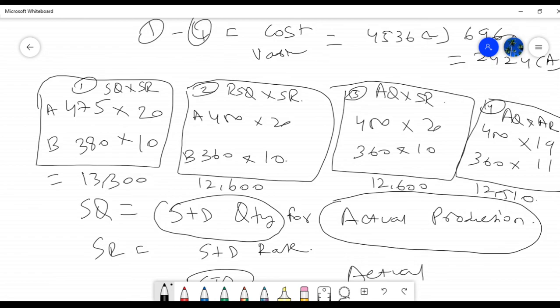And there is one more problem. Please work out that problem in the material, and if you have any doubts, you can comment or message me. I will explain. Illustration number 11 I will give you as homework. Just go through this problem. So with this, the standard costing topic is completed.